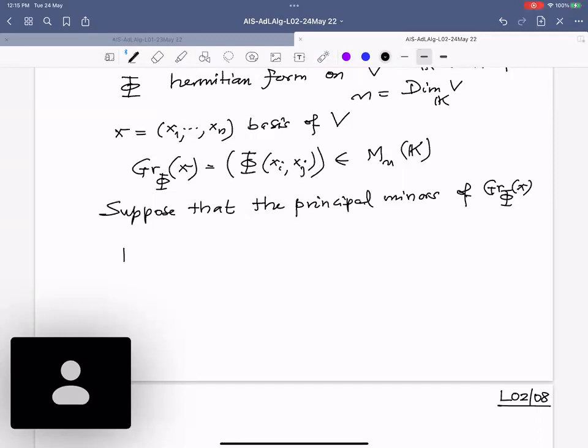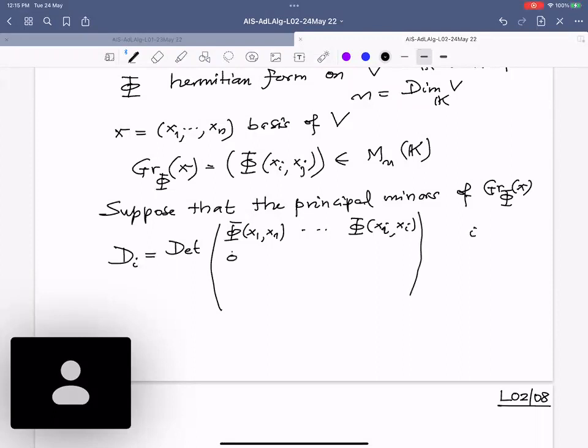Let me write them Di, capital Di. That is by definition the determinant of the matrix starting with phi(x1, x1), phi(x1, xi), and so on, I am writing the ith minor.